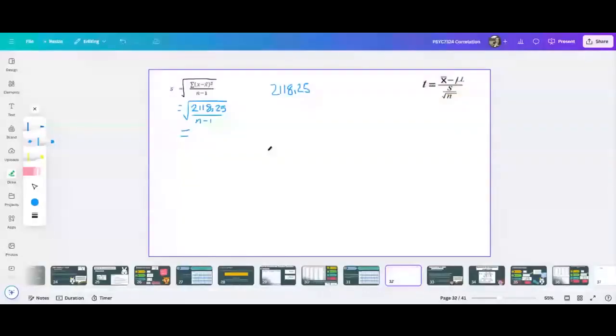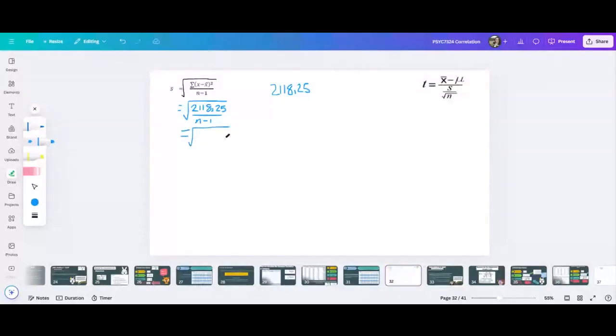Always good to just go and check that. So we know what n is. I could have just put 12 in there, but we'll just do that together because I think we're capable of minusing 1. So 2118.25 over 11, because that's what 12 minus 1 is.